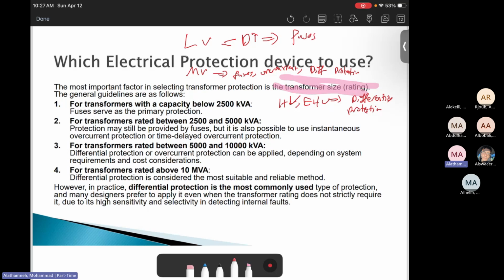The other thing is that there can be frequent power outages due to temporary faults, not permanent faults. A temporary fault can be, for example, a tree branch going toward the power lines, which will cause overcurrents.